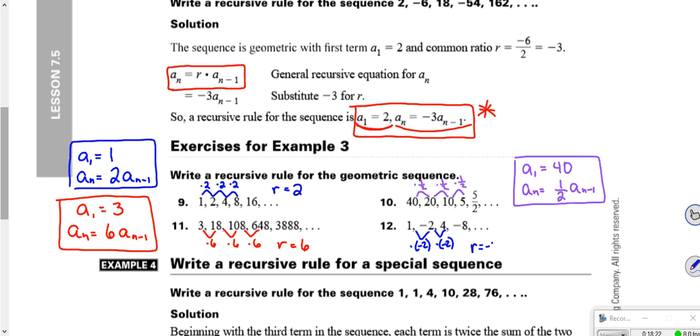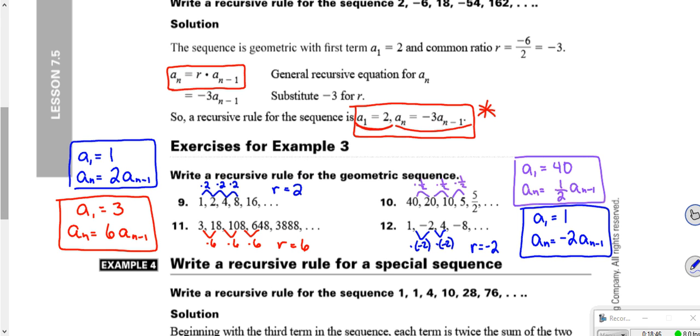So my R on this one is -2 because my signs keep swapping. Again, got to have starting point. A sub 1 is 1. And my recursive rule is -2 times the preceding term, which is a sub n minus 1. Okay, so those are geometric sequences.